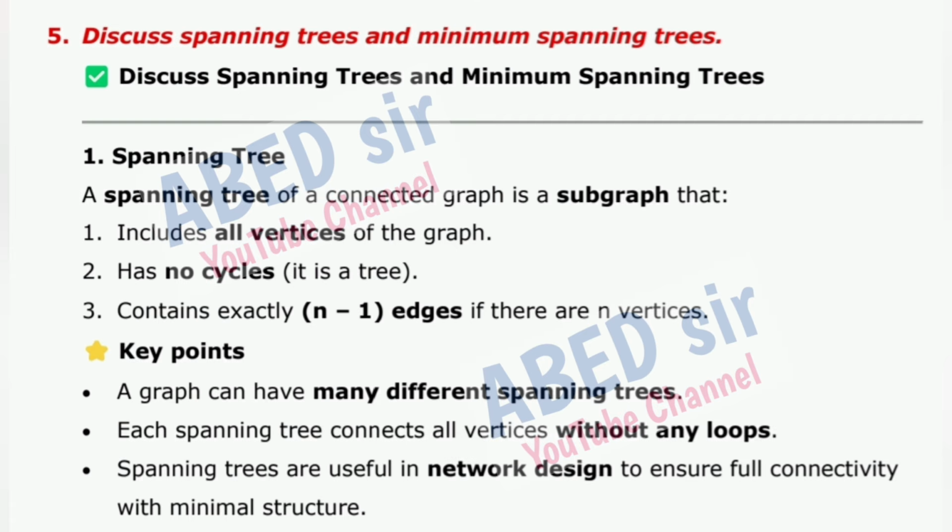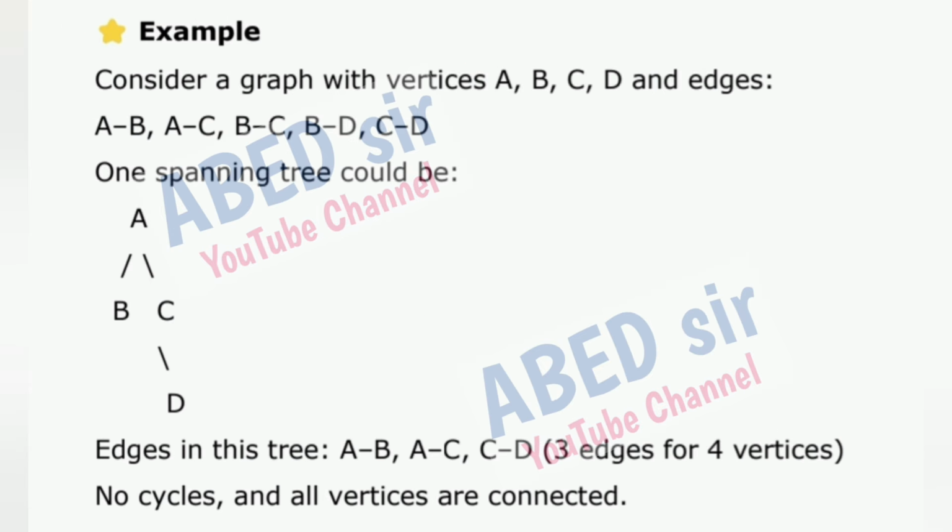Key points. A graph can have many different spanning trees. Each spanning tree connects all vertices without any loops. Spanning trees are useful in network design to ensure full connectivity with minimal structure. Example.